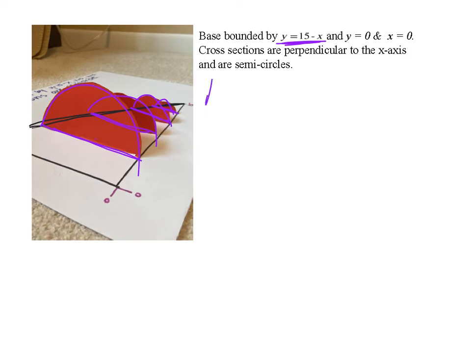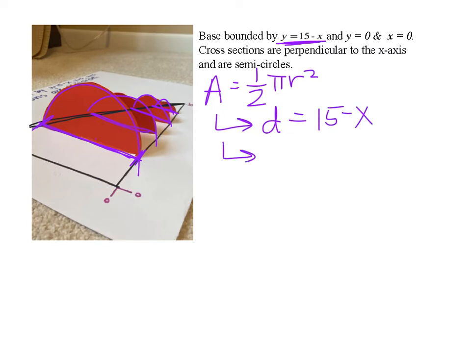Okay, so first we need to do the area of one semicircle, which is half of pi r squared. The diameter of each of our semicircles goes from the x-axis up to the function, so it's just 15 minus x. So then your radius is going to be half of that, so half of 15 minus x.